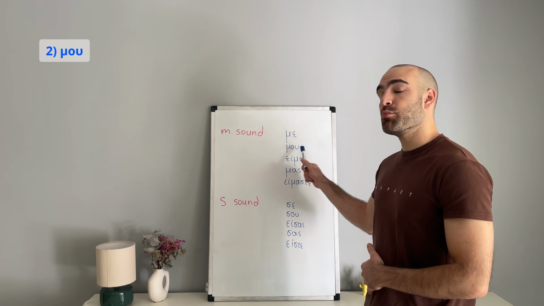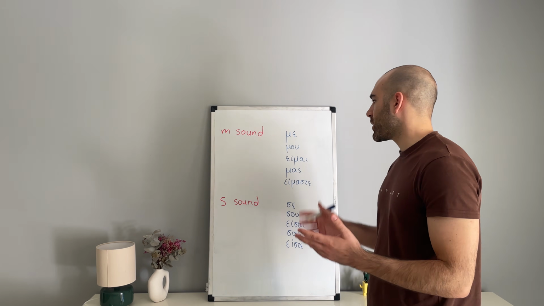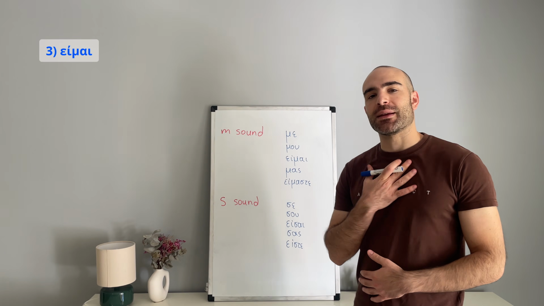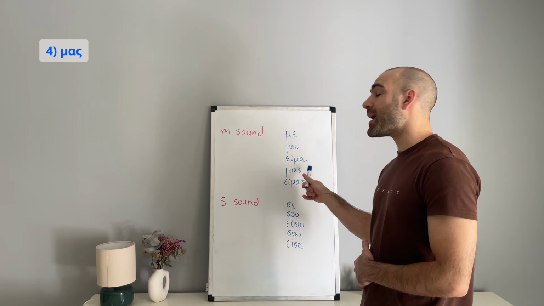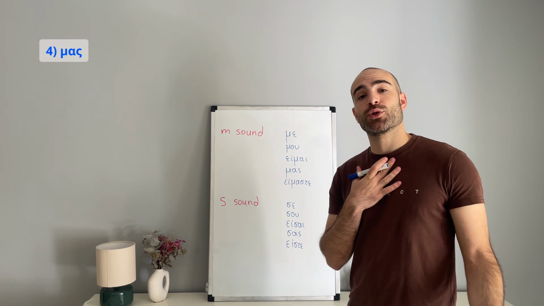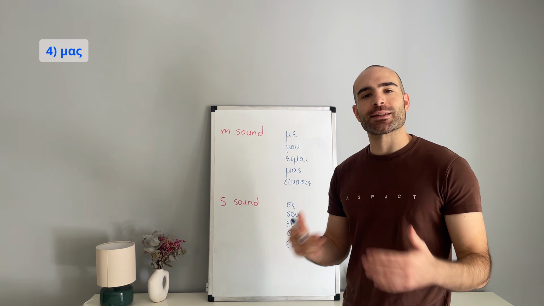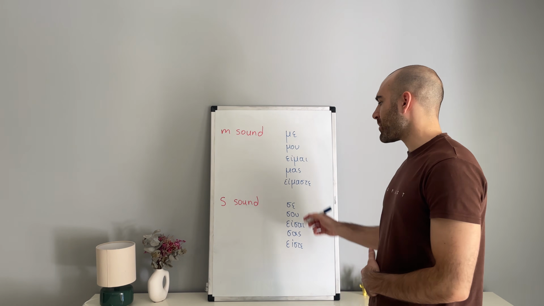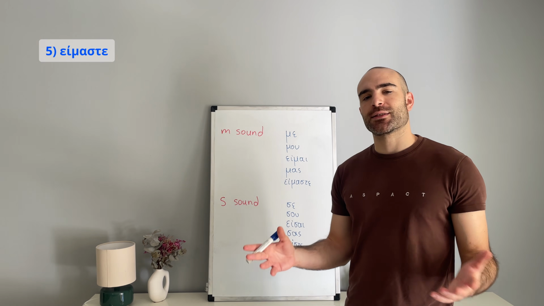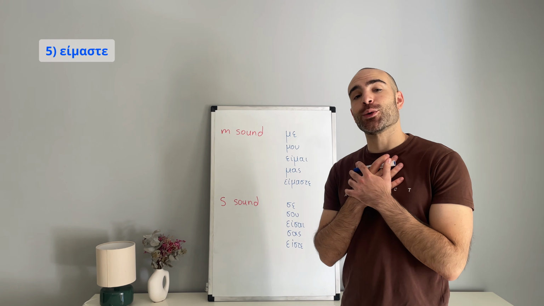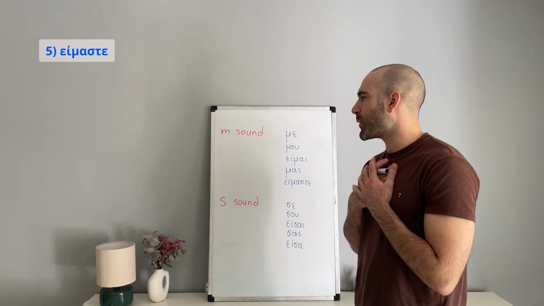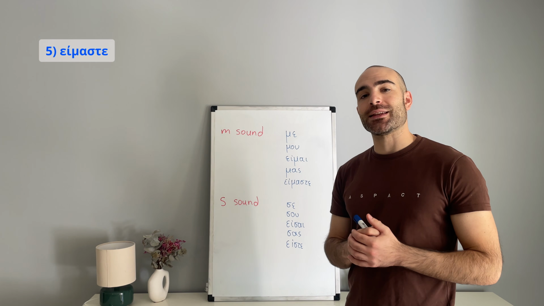It's connected with mu, which means to me. Then we have ime, which means I am. Then we have mas, which means us or to us, because me or I am included when I say us or to us. Same like imaste, which means we are. I'm included when I say imaste, so in Greek we have that M sound to indicate that.